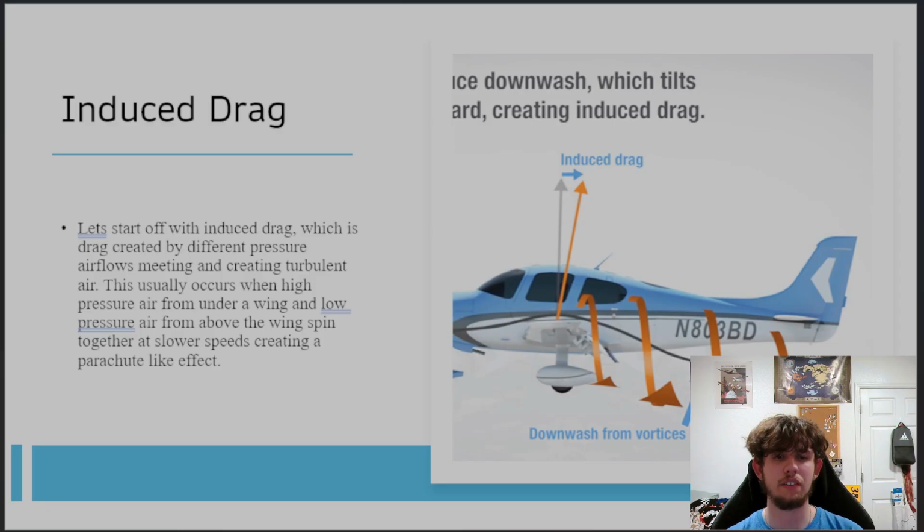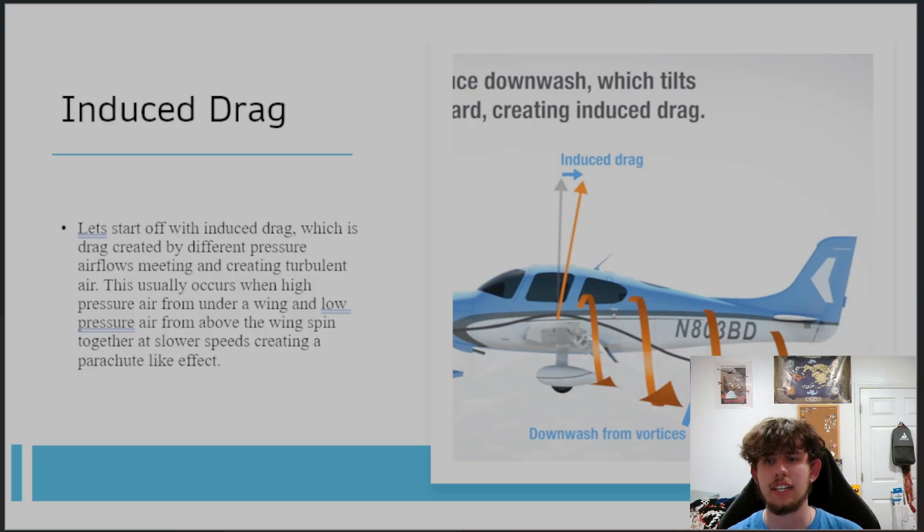This creates an effect similar to a parachute. It's very disruptive to airplanes and brings them back. It actually brings back the coefficient of lift, so the plane generally makes lift more in a backwards orientation, just due to how hard induced drag pulls on an aircraft.